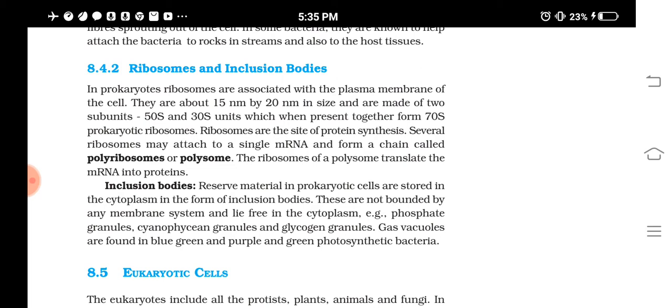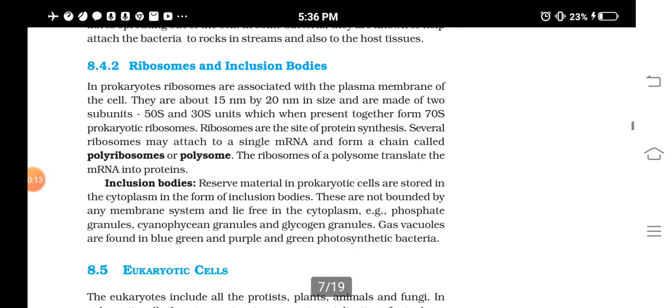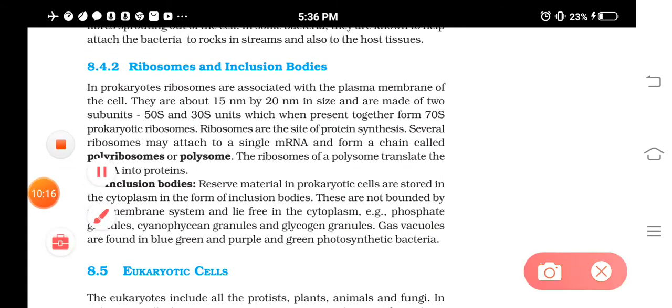During protein synthesis, the 50S subunit and 30S subunit unite to form a single unit, and they are attached to a single mRNA. You can see a single mRNA with a number of ribosomes, and this is called what? Polyribosomes or polysomes. Is it clear?